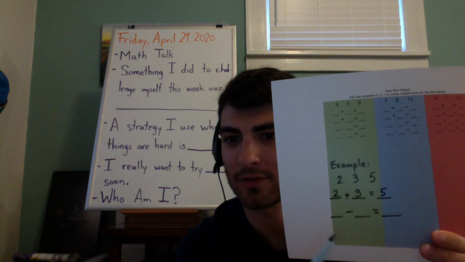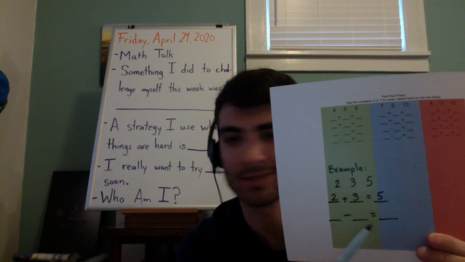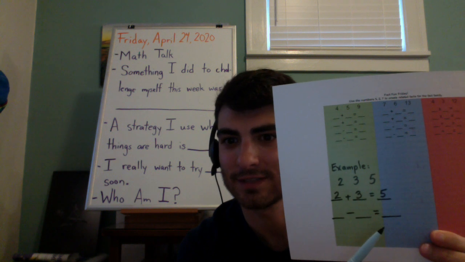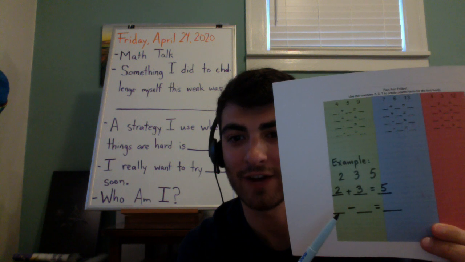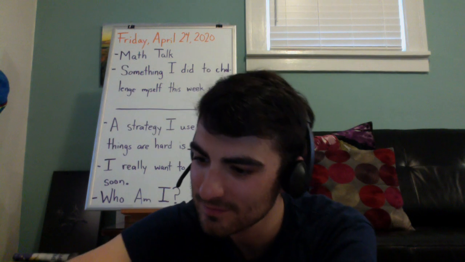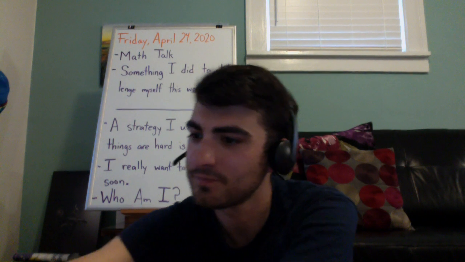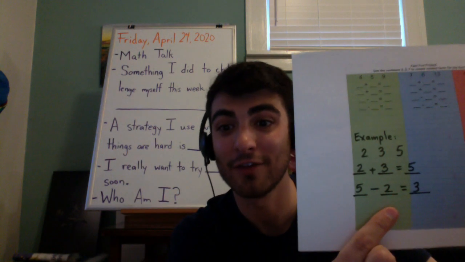If I start with 3 and I take 2 away, that leaves me with 1, so that doesn't work. 3 minus 5, that's not 2. What if I start with 5 and I take 2 away? 5 minus 2 is 3. That's a fact. And so that is how I will record my Fact Fun Friday.